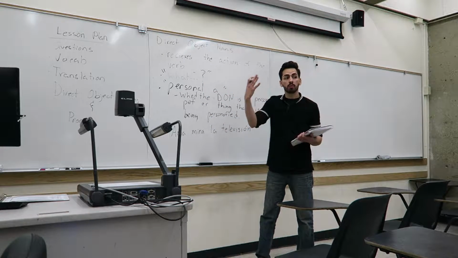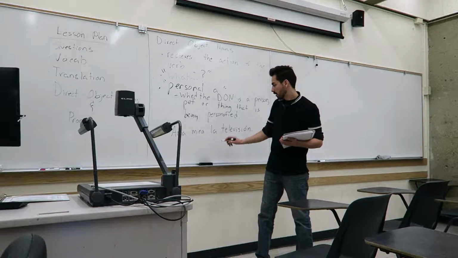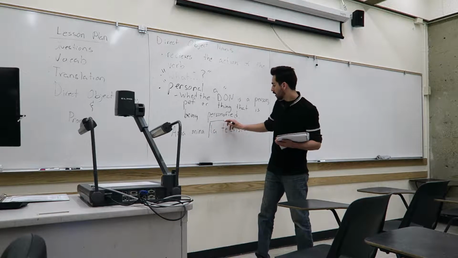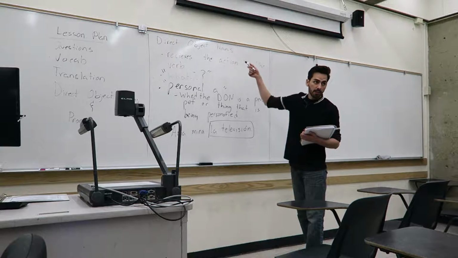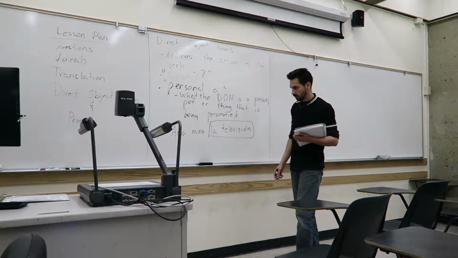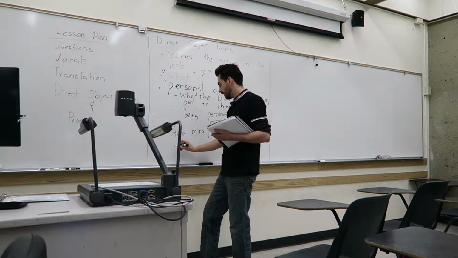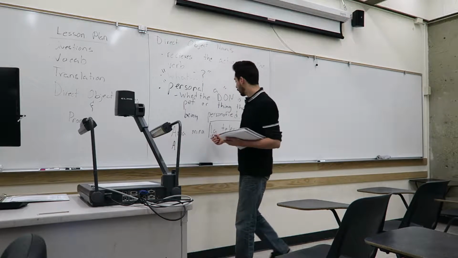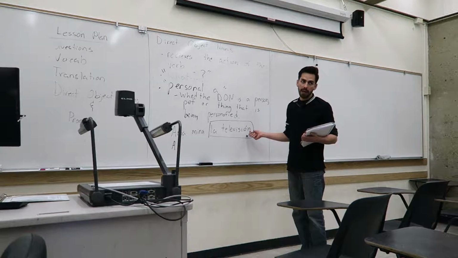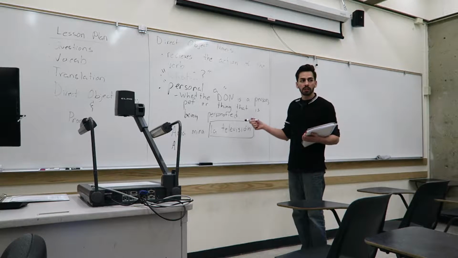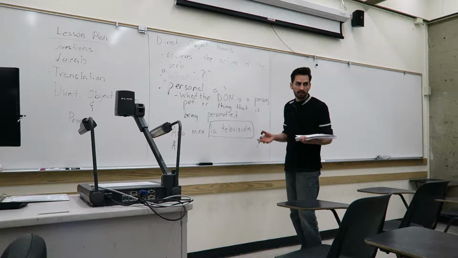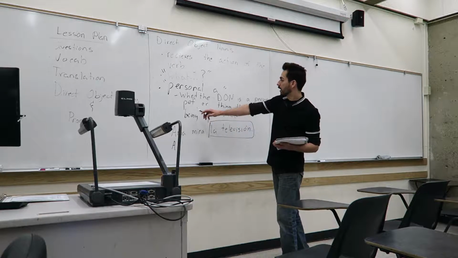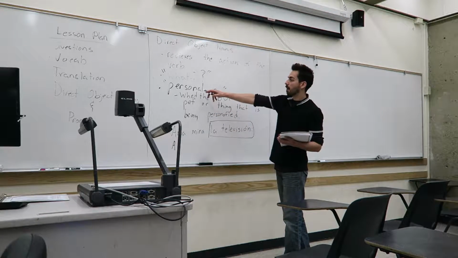Ana watches what? The television. La televisión becomes the direct object noun, all right? But what about this? All right, so is this a person or pet or a thing that you're personifying? Something. But you're not personifying it, right? So no, you don't use the personal A that we're talking about right here.